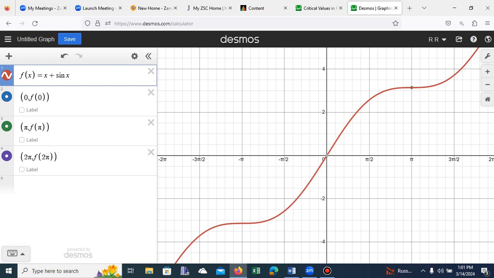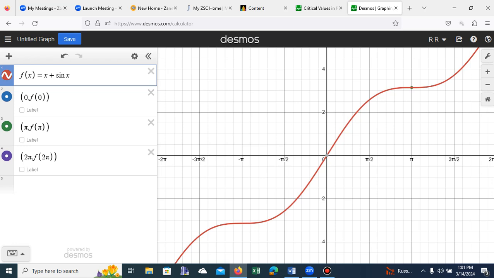That is why you are getting the first derivative equal to 0 in those regions. But the graph is always increasing everywhere else. Okay, I should say it's always increasing except when f prime of x equals 0.